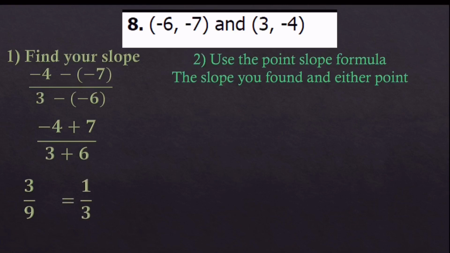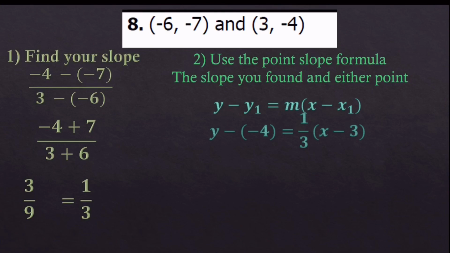So now I'm going to use a point. Either point, ladies and gentlemen, it does not matter because both points are on that line. Both of these points are solutions to the equation. So it doesn't matter which one you pick. So I'm going to write my formula. Remember, replace your slope.